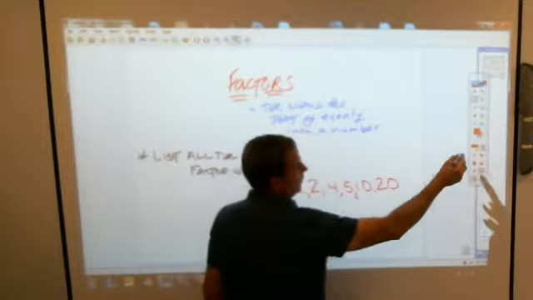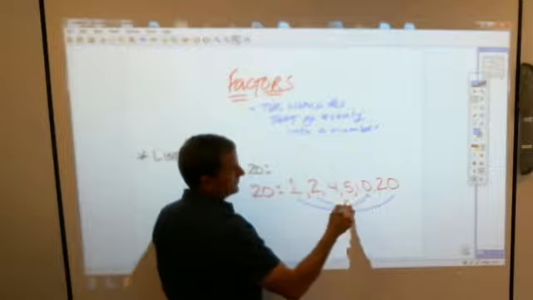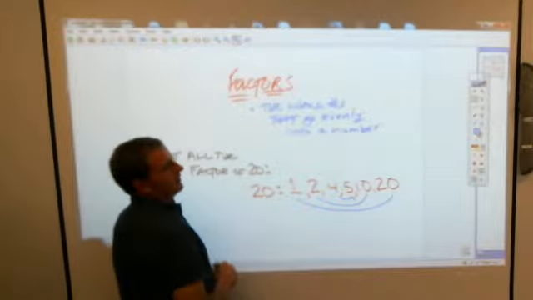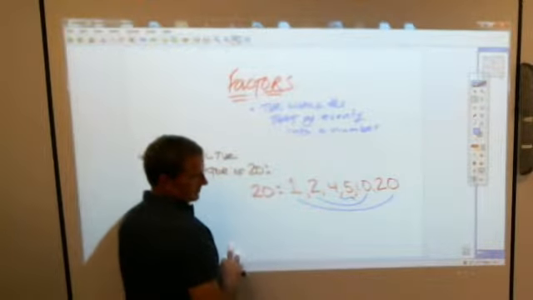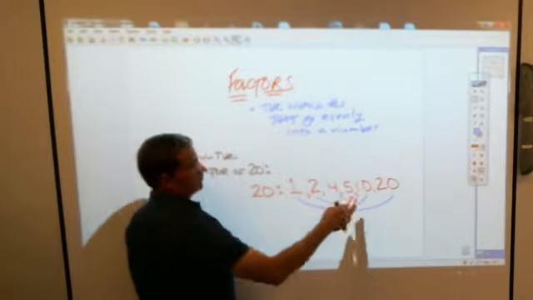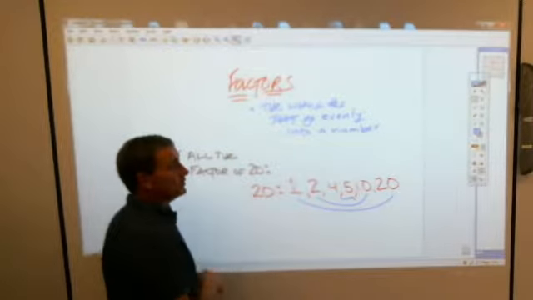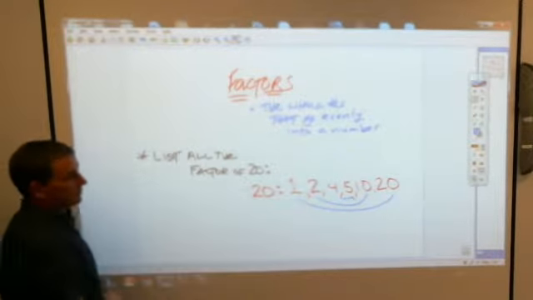So again, I would always write these down in their pairs and put them in order from least to greatest. Because too many times I see people, they'll write down 2, but they'll forget about 10. Or they'll write down 1 and forget about 20 or vice versa. But you're always, always, always going to write down 1 and the number.